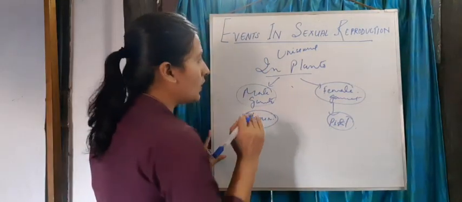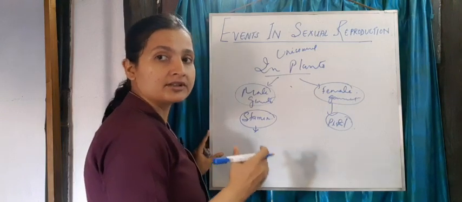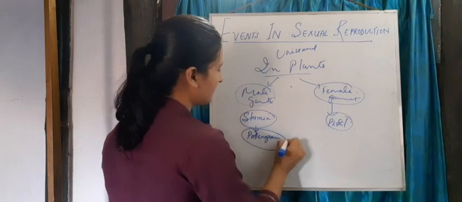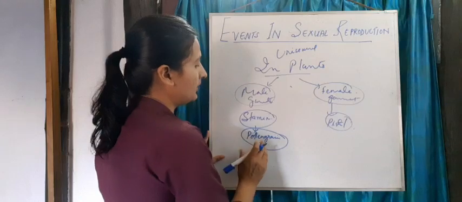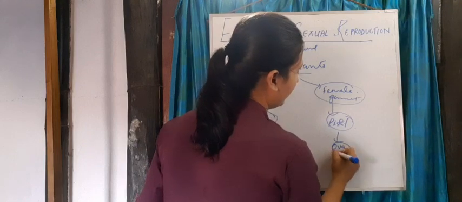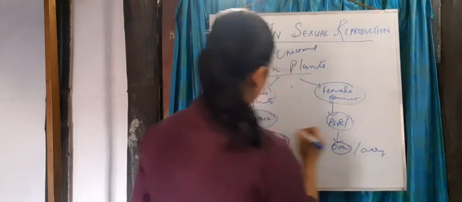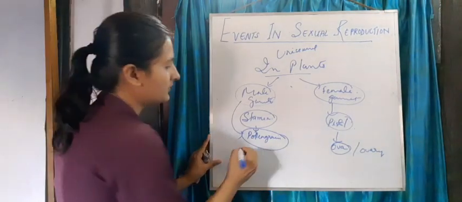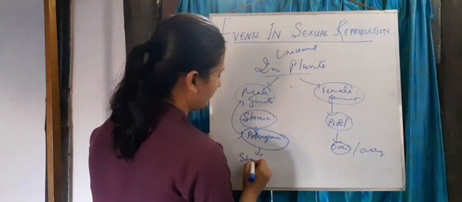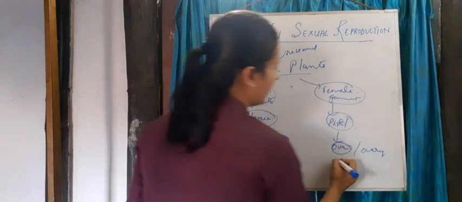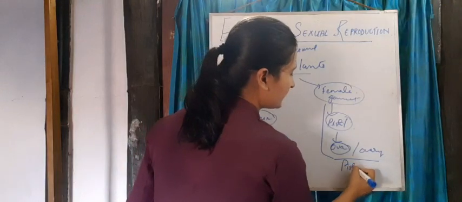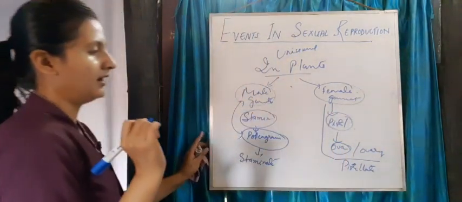Stamen produces pollen grains, the male gamete. The ovary produces ova. Those plants which produce male gamete are called staminate plants, and those which have female reproductive organ are called pistillate plants.